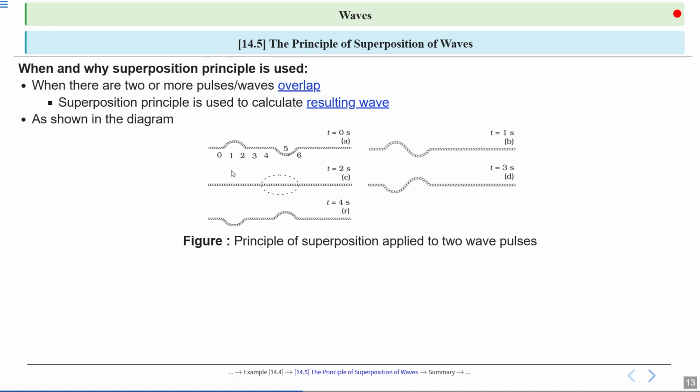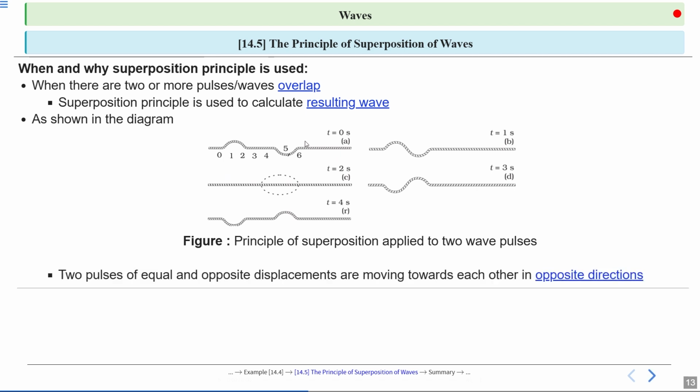So if we talk about A, in this example, both pulses have equal but opposite displacements and are moving towards each other in opposite directions. Alright, when they overlap, their displacement will add up algebraically. So if one is positive and the other is negative but equal in size, they will cancel each other out at the point of overlap.